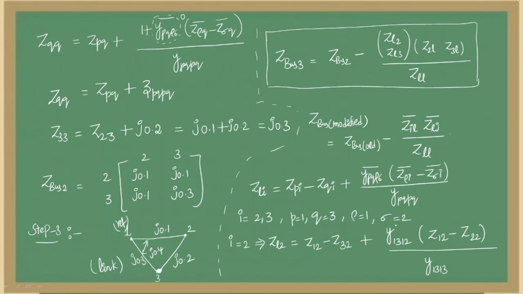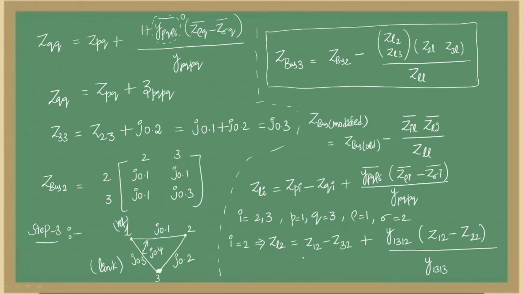Y_13,12 is nothing but the mutual admittance between the elements 1 3 and 1 2. Okay. You can understand the meaning of these terms in this way.